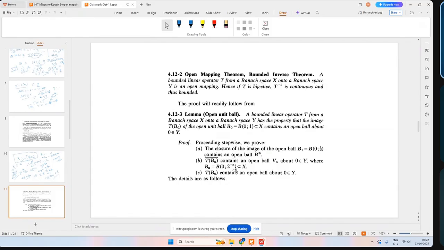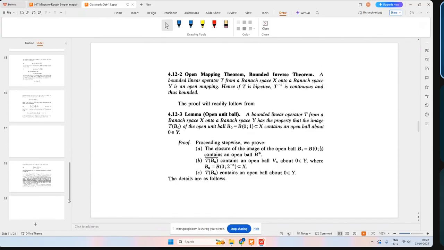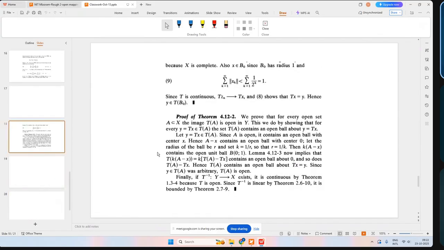If you are attending an interview, they may not ask you to prove the open mapping theorem, but they may ask you one of these ABC. Therefore it is better, these three parts of 4.12.3 ABC are independent of the theorem itself, although we use them. So these three questions can be asked separately in the exam, nothing to do with the open mapping theorem. That is why I wanted to give you this part here.